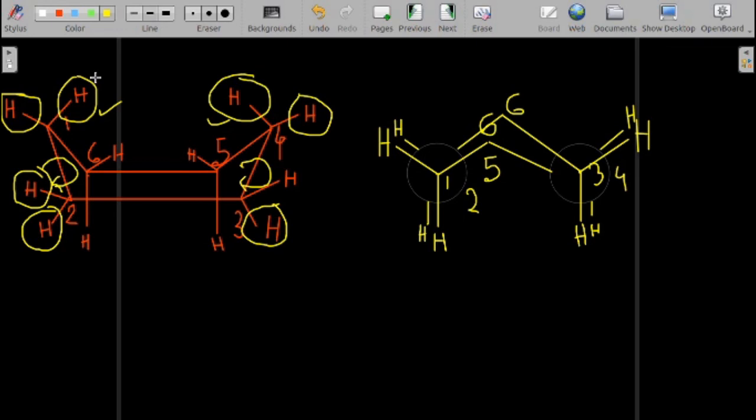So we can say that the boat conformation is more unstable than the chair conformation, and its energy is greater than the chair conformation.